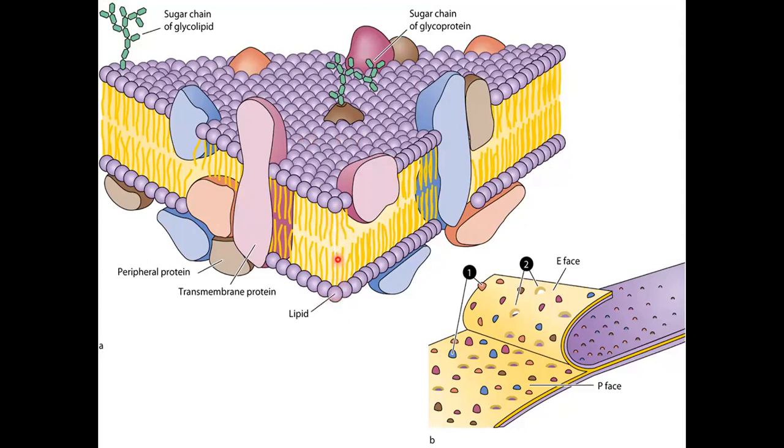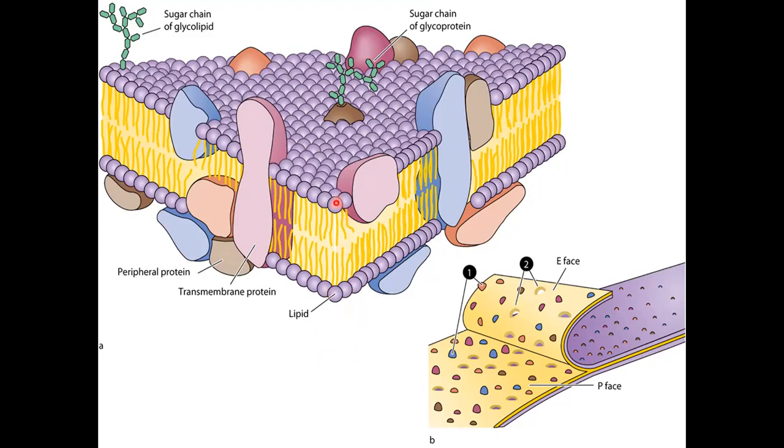So since the tails are made up of fatty molecules, whereas the heads are made up of nitrogen and phosphate, you find that the heads, apart from being polar, are said to be hydrophilic. They interact with the water molecules that are found here in the internal environment.